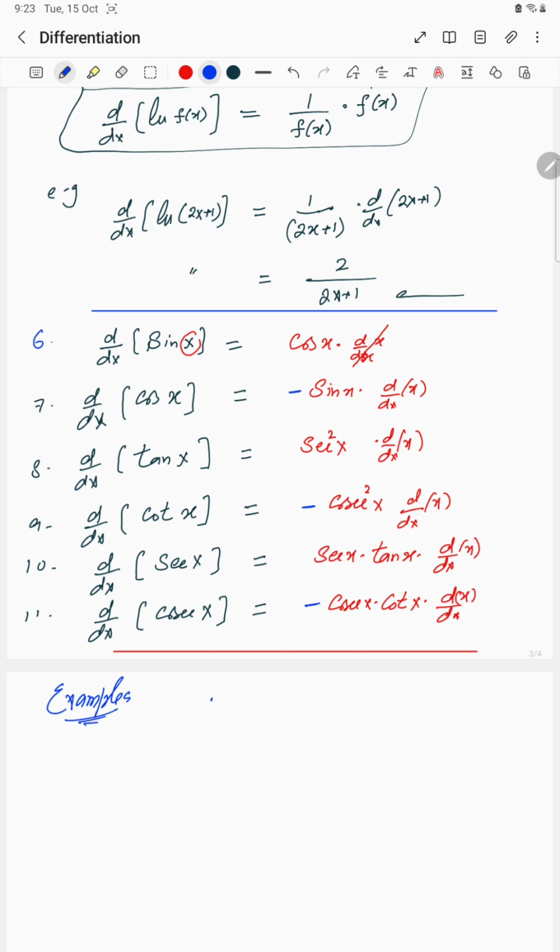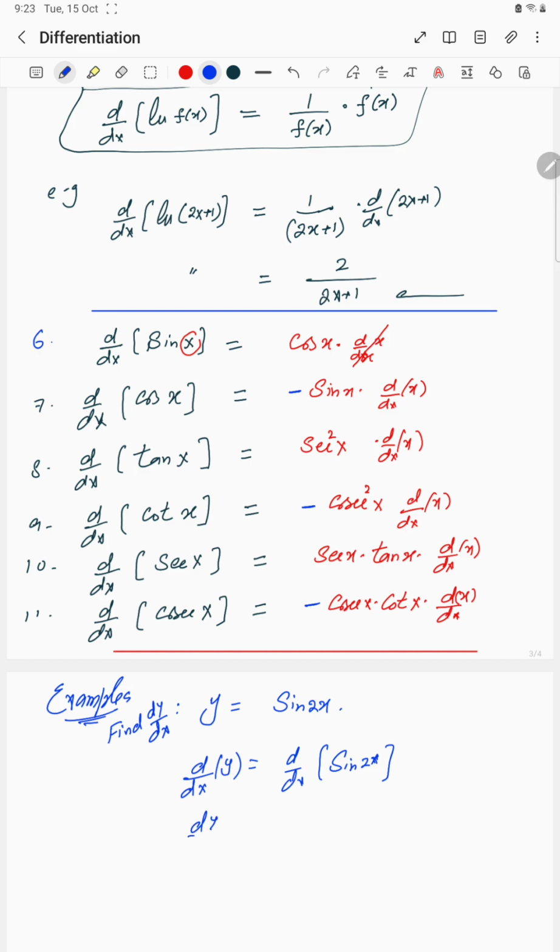We have y equal to sine of 2x, and you need to find dy by dx. As per the rule, we differentiate with respect to x on both sides.